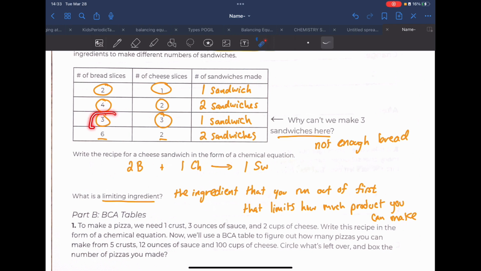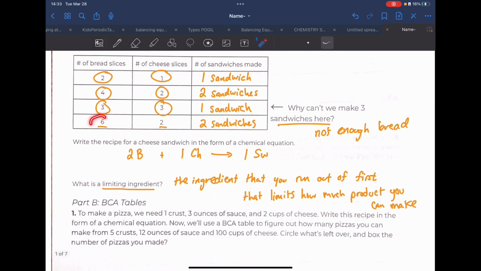So in this example where we had 3 of each bread and cheese, the limiting ingredient is going to be your bread because you run out of bread. And the bread is what's limiting you to only 1 sandwich. If you had more bread, then you could make more sandwiches.